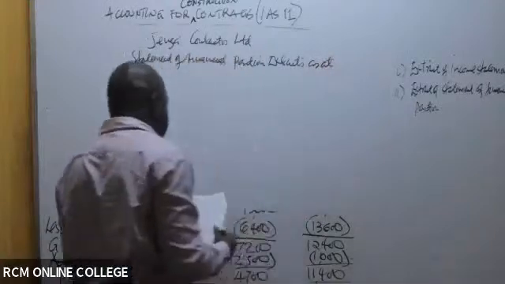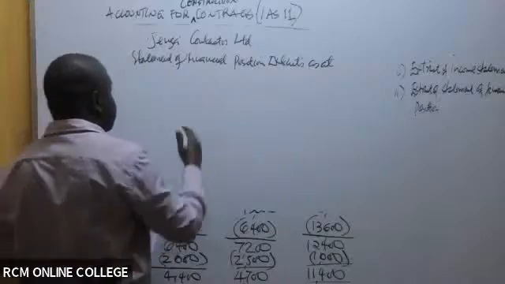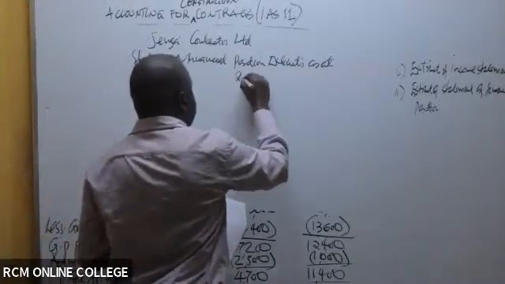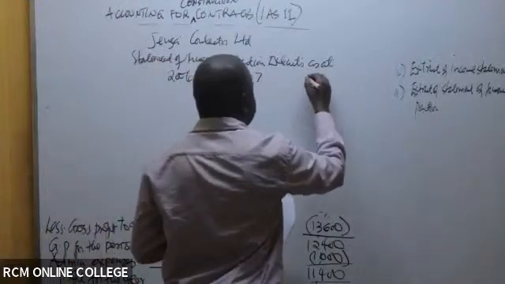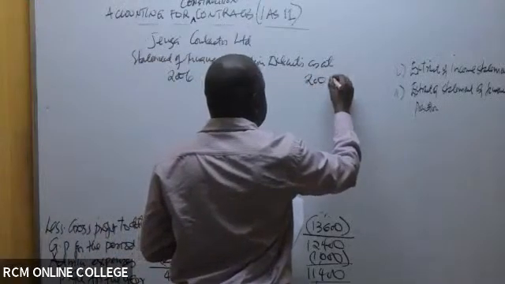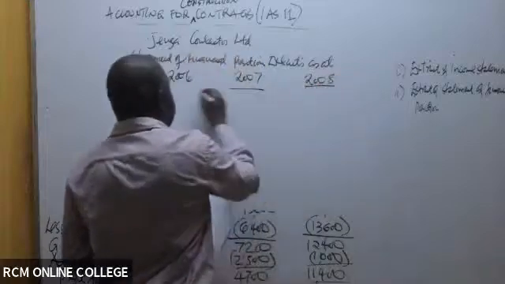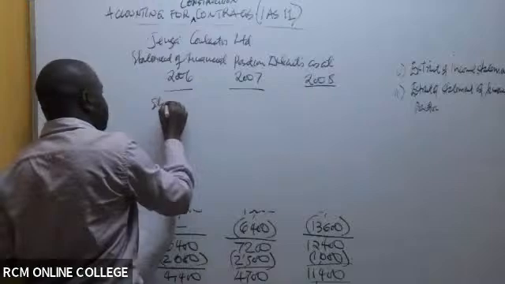We have 3 years. We have 2006, 2007, and we have 2008. Our figures are in shillings of thousands.